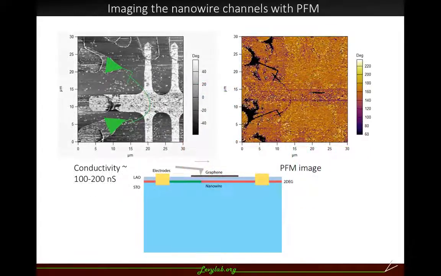We created a nanostructure with part of the nanowire underneath the graphene to see if we can write underneath. We see a pretty clean PFM image of the nanowire, both outside and inside the graphene, and the conductance of the nanowire is about 100 or 200 nanosiemens.